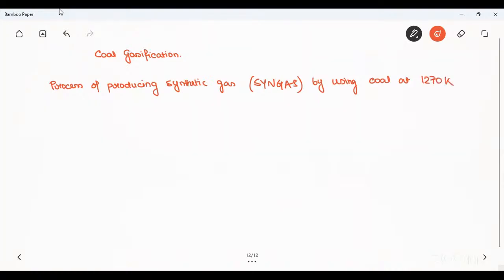This is called coal gasification, and the balanced equation is carbon and water at 1270 Kelvin resulting in the formation of carbon monoxide and hydrogen gas. So this is coal gasification.